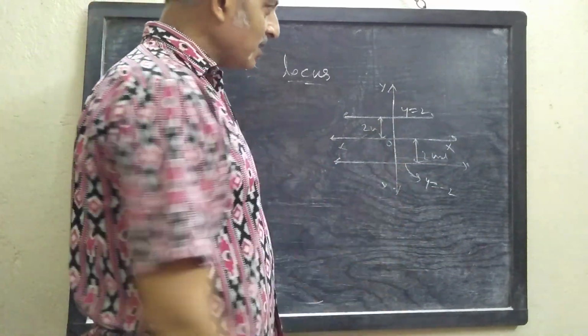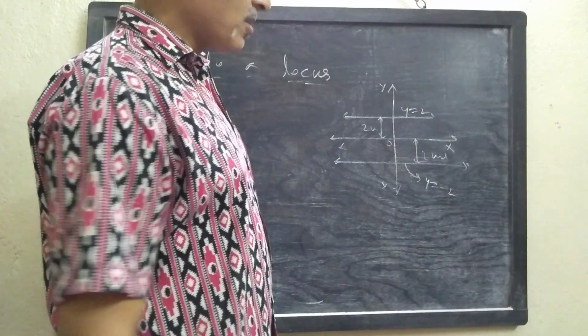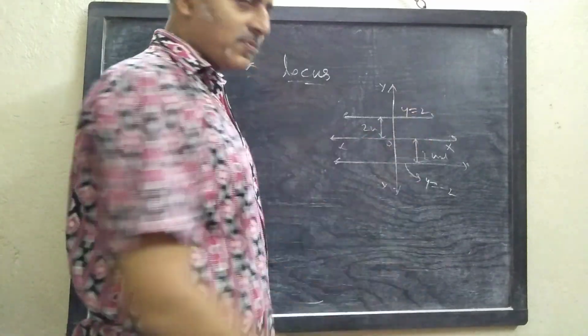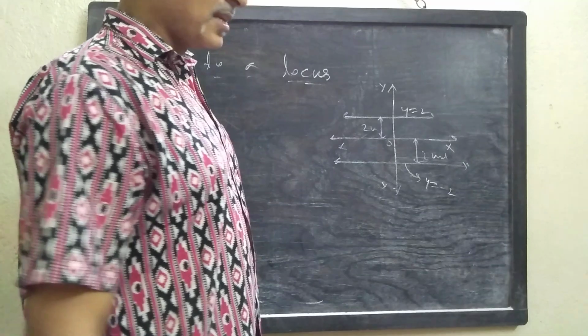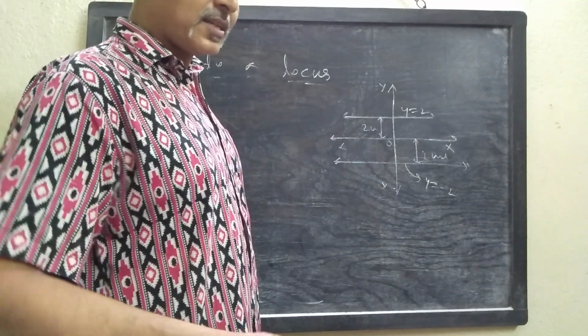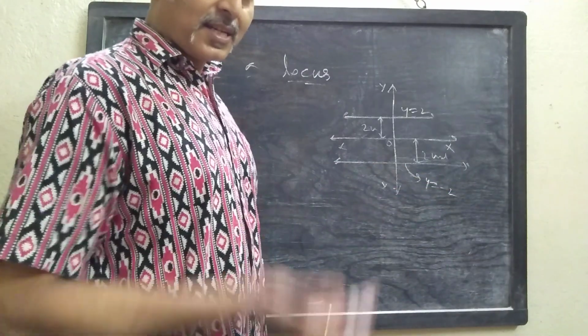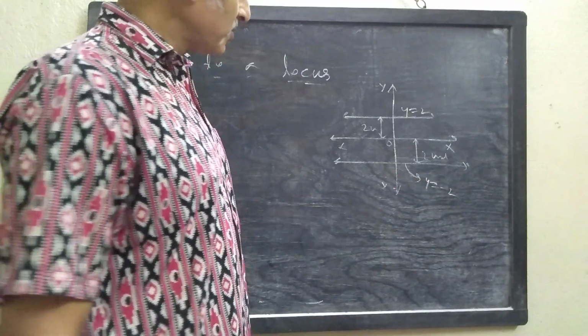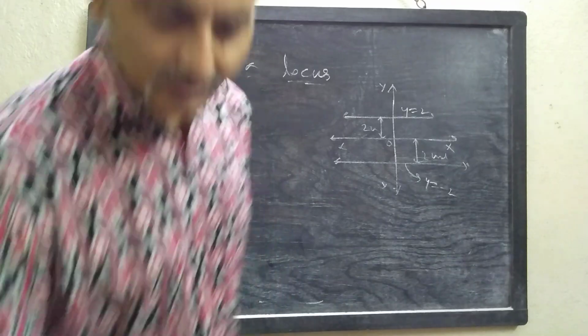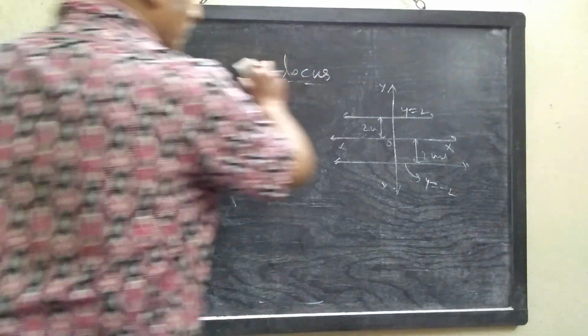This is the equation to the locus. Why? Because its ordinate must satisfy this condition, that is, its ordinate must be 2 when it lies above the x-axis, and its ordinate is minus 2 when it lies below the x-axis. So this is equation to locus.